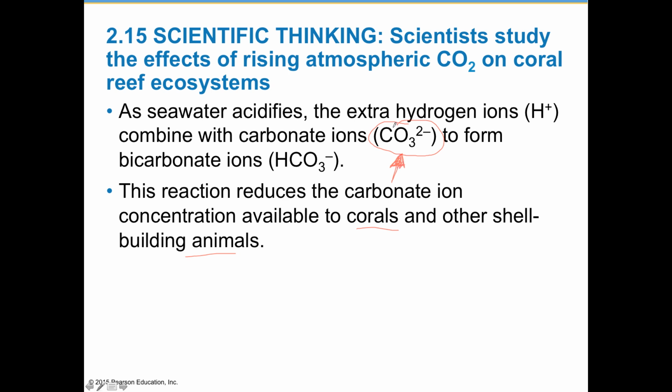This component here is important in the coral environments to build their shell. The problem is it's not there. They're not going to have an abundance of this carbonate ion because the carbonate ion is being used here to offset the extra carbon dioxide that we have in the water. So it becomes limited.